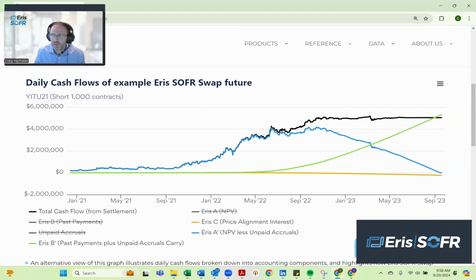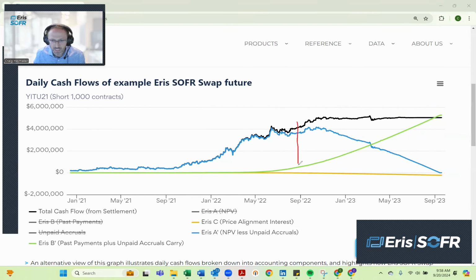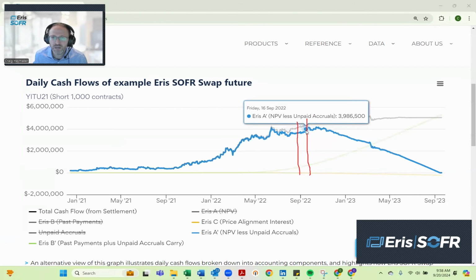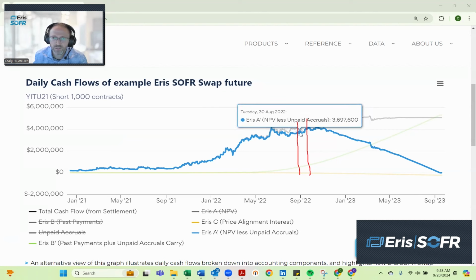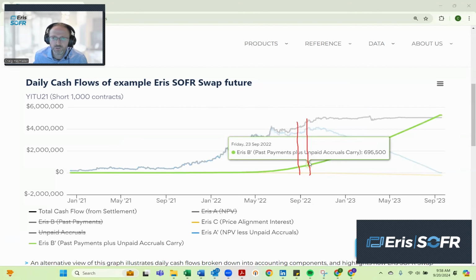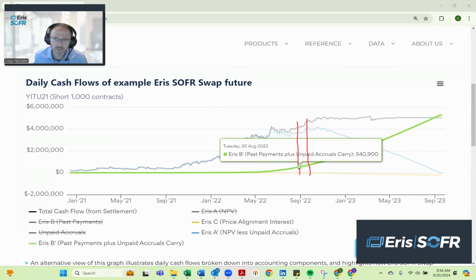So, for example, if we were to trade this instrument, and I'll just bring out my pen here, at the beginning of September, and then we got to the end of September and we were looking to account for our position, the way that we would do that is we would take the change in clean net present value, that's this A dash line, between this reporting date point and the date of entry or date of trade. Similarly, with any accrued interest over that time, we'd take the difference between the reporting date and the trade date point of entry.